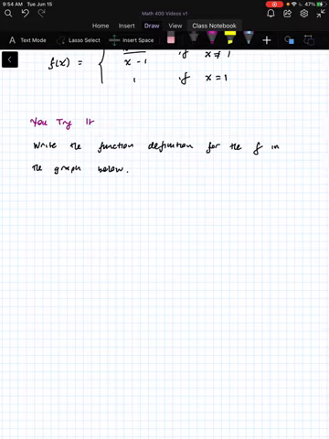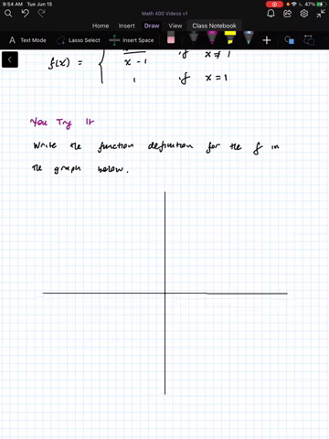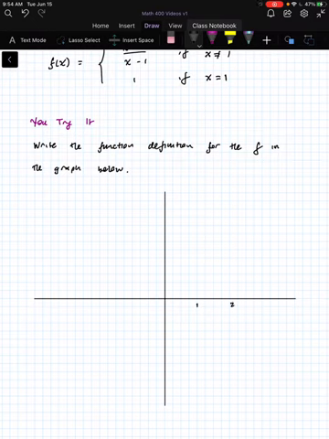Okay, so here I'm going to have to be very precise so that you can see from the picture alone what this function is. Okay, so here's 1, 2, 3, 1, 2, 3, negative 1, negative 2, negative 3, negative 1, negative 2, negative 3.